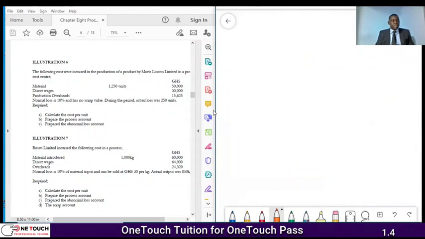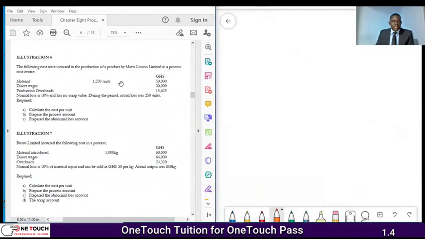Illustration 6. The following costs were incurred in the production of a product by Mavis Lincoln Limited in a process cost center. We have materials: the input is 1,250 units at a cost of 50,000. Direct wages 30,000. Production overheads is 15,625.